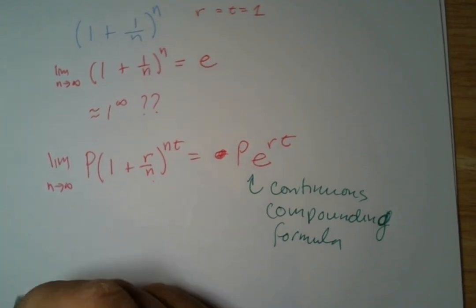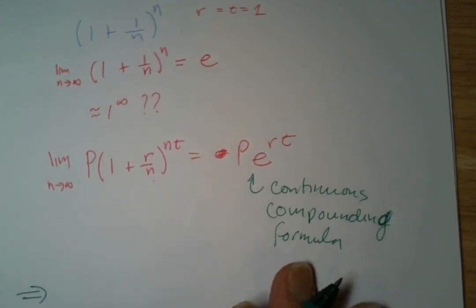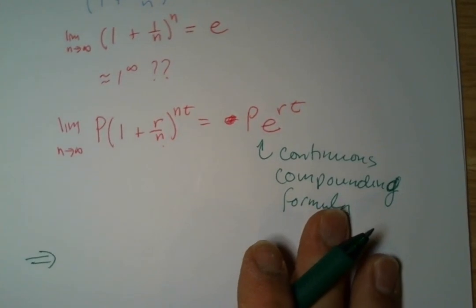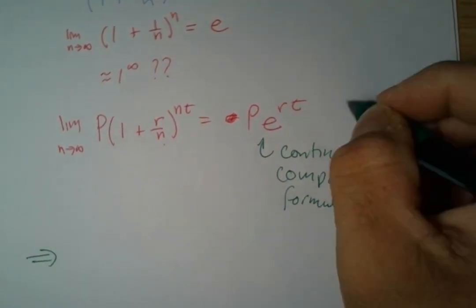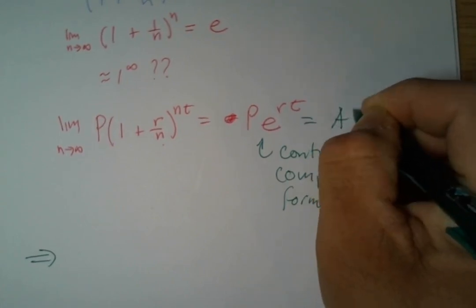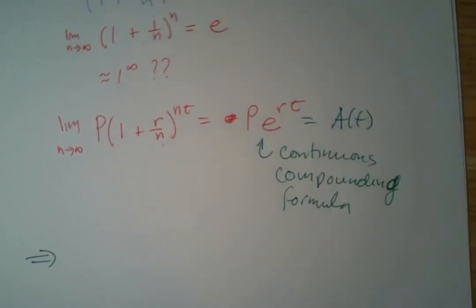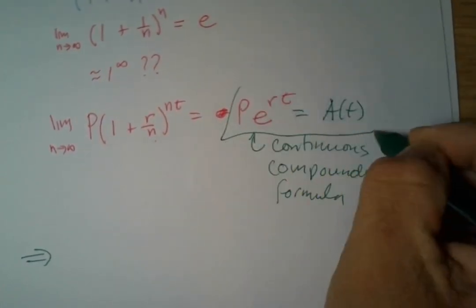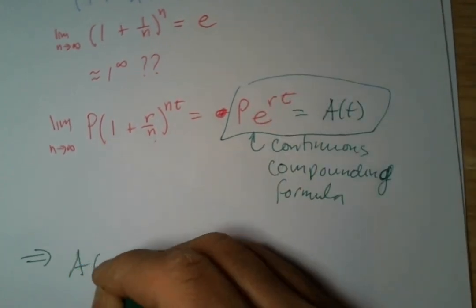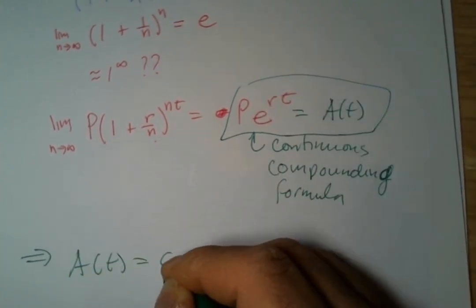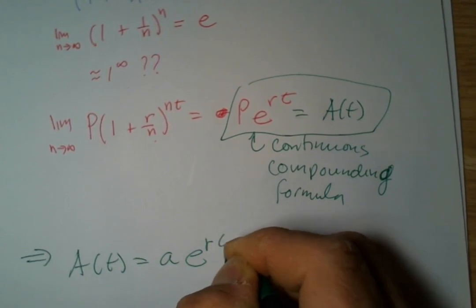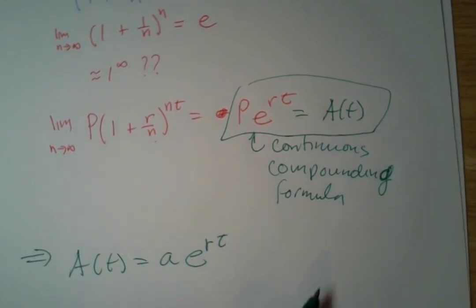Now in general, when we're not dealing with any kind of financial application, here this is the amount at time t. The amount is a function of time. And in general, when it's not any kind of financial application, we use this continuous growth or decay.